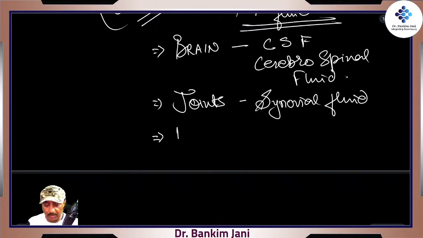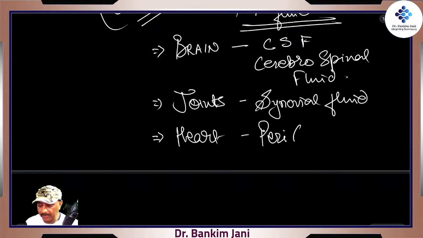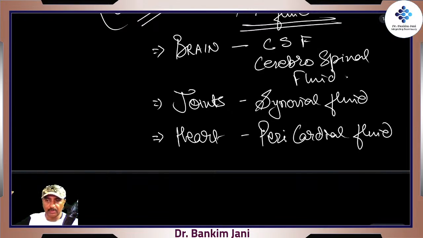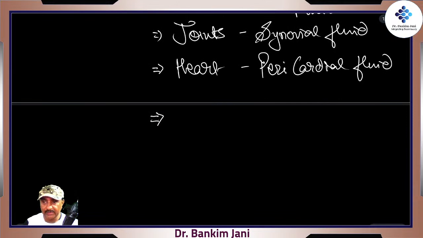When it comes to the heart, the heart keeps on pumping, but surrounding the heart there is pericardial fluid. Peri means surrounding, cardial means heart, so there is pericardial fluid. And there are dozens of pathologies associated with pericardial fluid. When there is fluid, these are not dead fluids, these are not stagnant fluids.